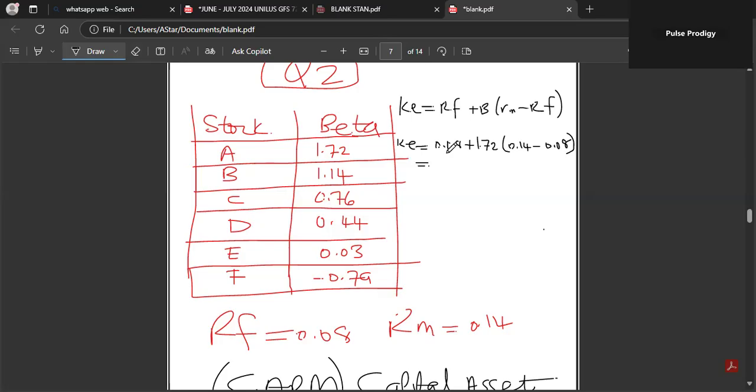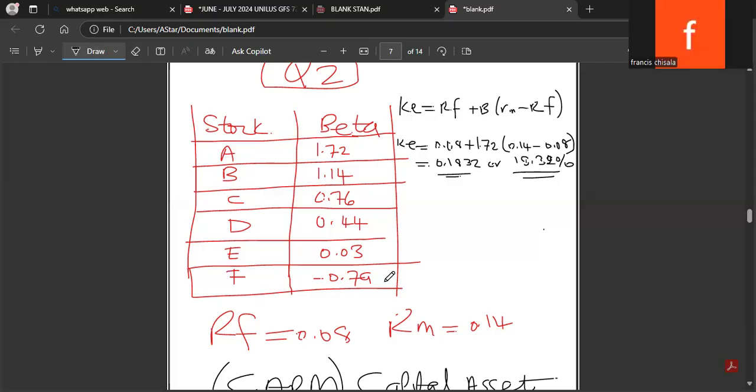We are getting 0.1832 or 18.32%. So this is what we have on A. Are we together? Is that okay with you? Okay, so now we can calculate for the rest.